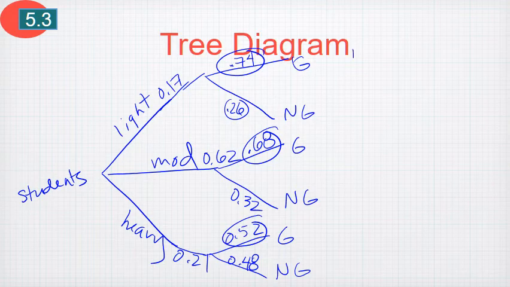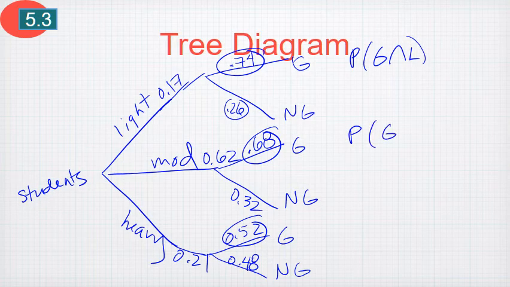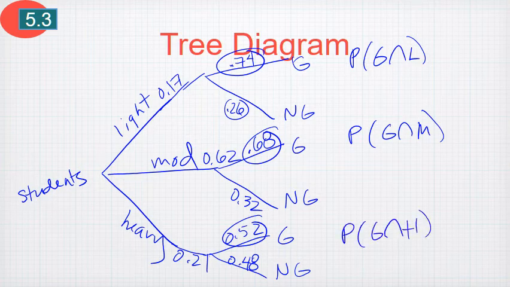So if I want to find the probability of good grades and light, the probability of good grades and moderate, and the probability of good grades and heavy users, then when I add all these up, I'll get the probability of everyone with good grades, right?